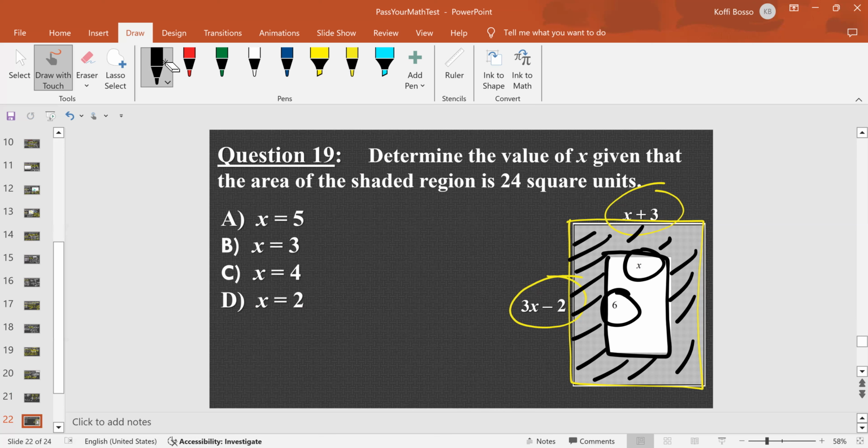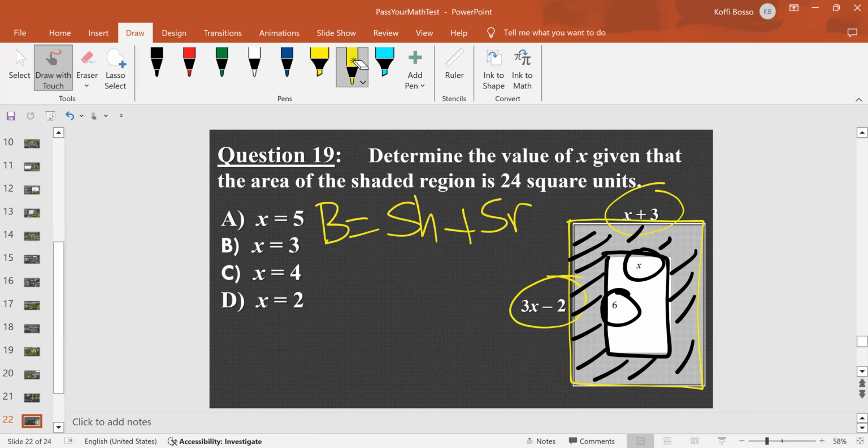If I call the shaded area SH, plus the small rectangle.